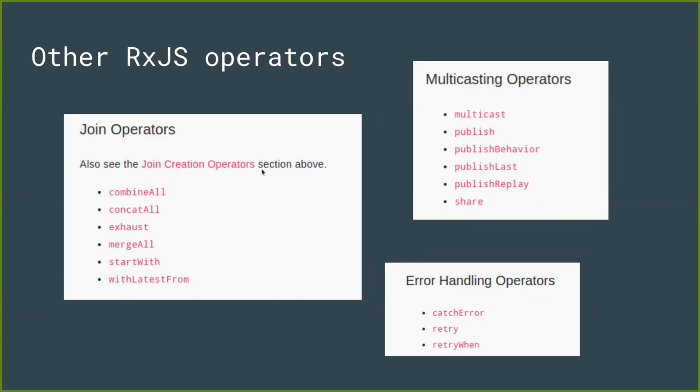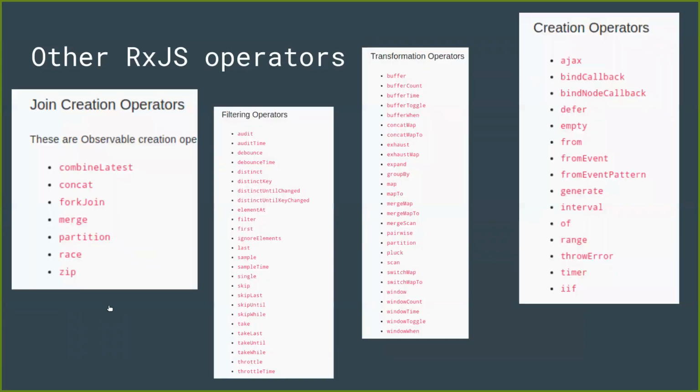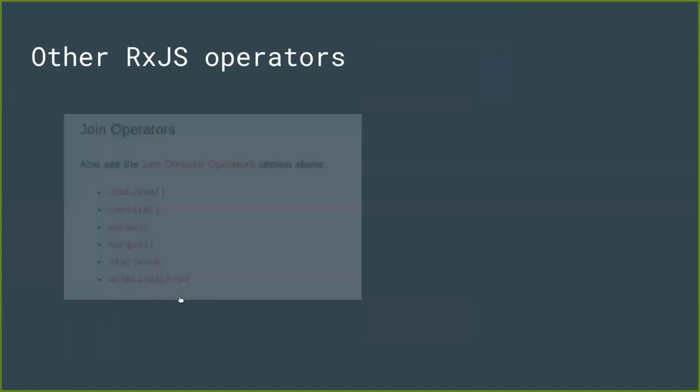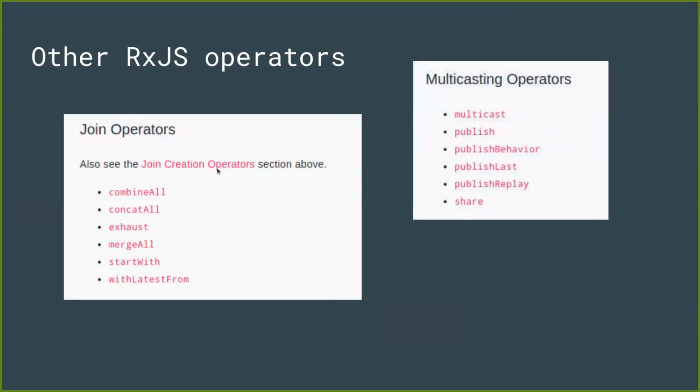Now, I know there are some other combinatory operators that are also very strange. You can use them to create windows and stuff like that. But multicasting, I have no idea what it does. Those would be the multicasting: publish behavior, publish last, and so on.